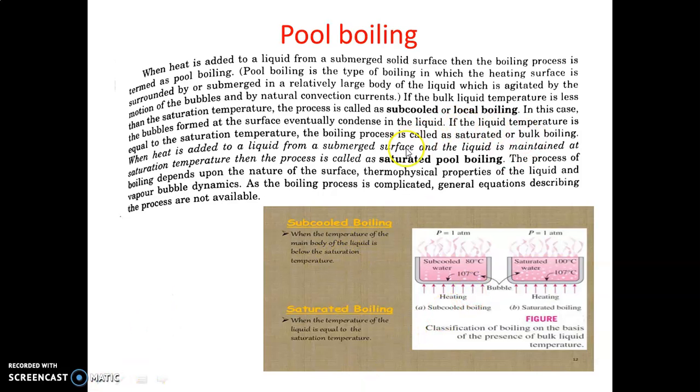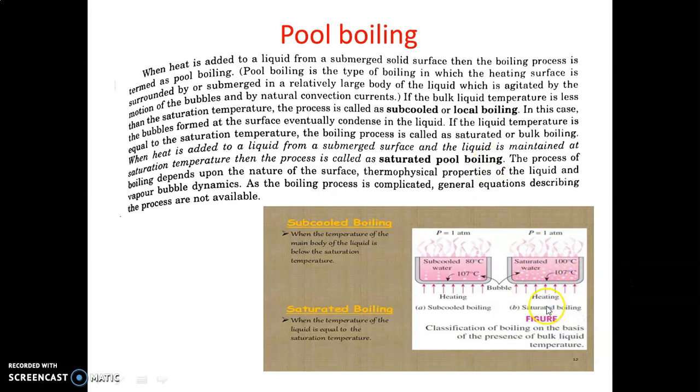Then another type is known as saturated pool boiling. When heat is added to the liquid from a submerged surface and the liquid is maintained at the saturation temperature, then the process is called saturated pool boiling.